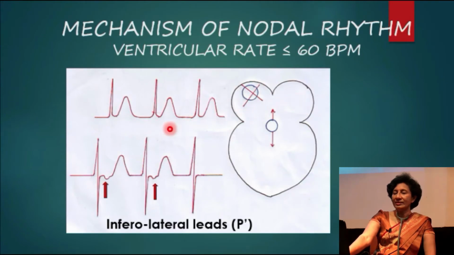If the ECG is done, what you can see: bradycardia, rate below 60, QRS complexes are narrow, regular rhythm. If you analyze the baseline, you can't see P waves because these retrograde P waves are hidden behind QRS complexes in this case.